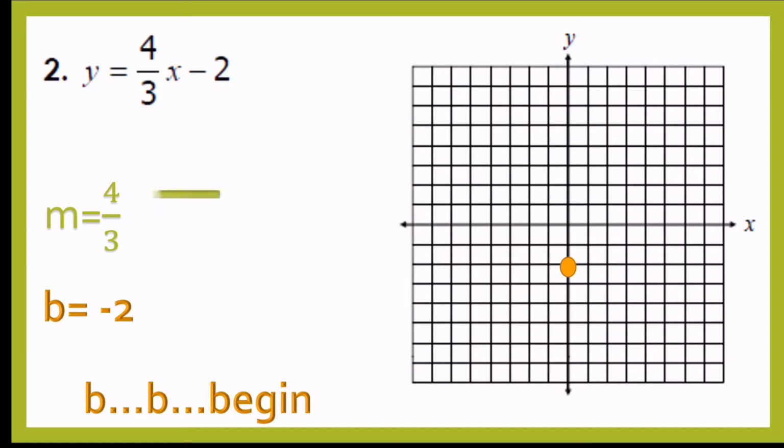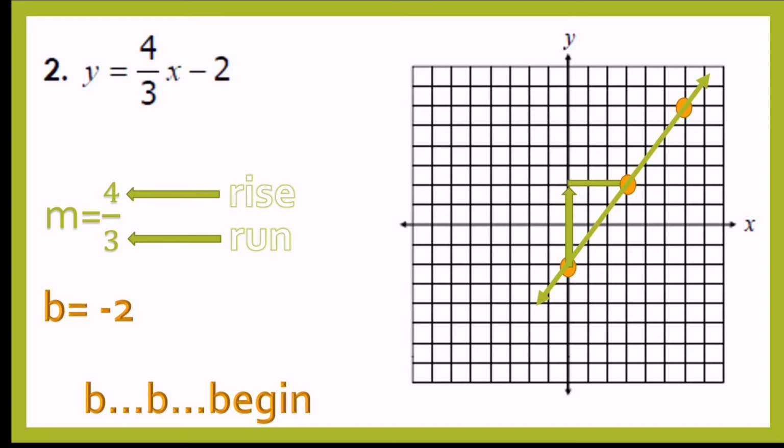It tells me I'm going to rise 4 because it's a positive 4. Then it tells me I'm going to run 3. And I go to the right 3 and place a point there. So now that I've drawn a new point, I do my slope now from that point. I rise 4 and I run 3. And then I can connect them.